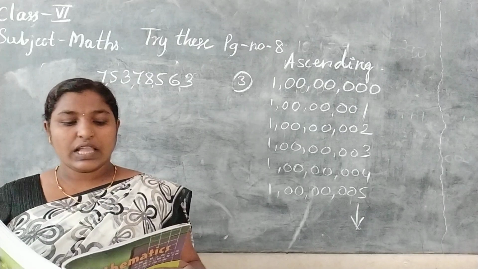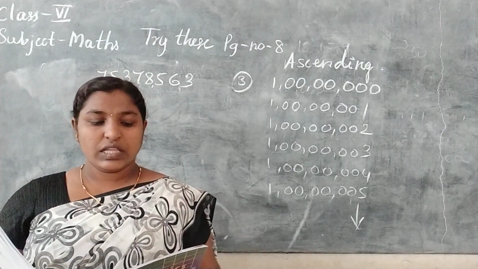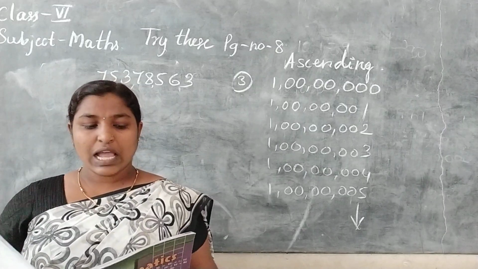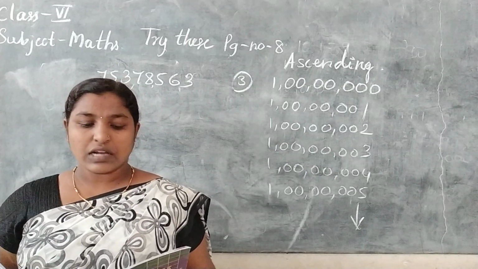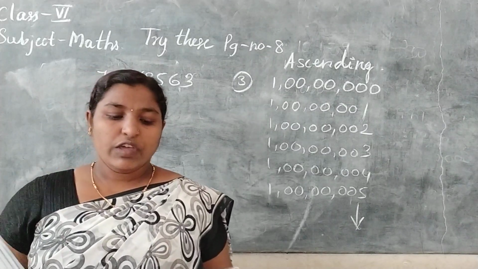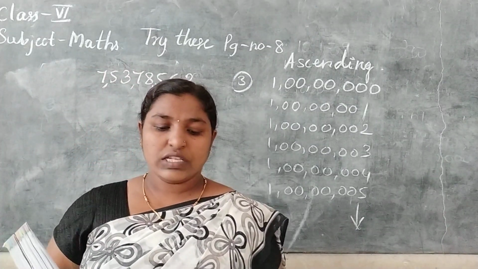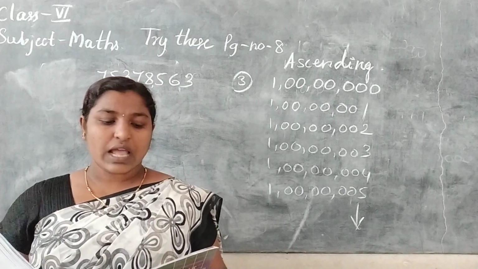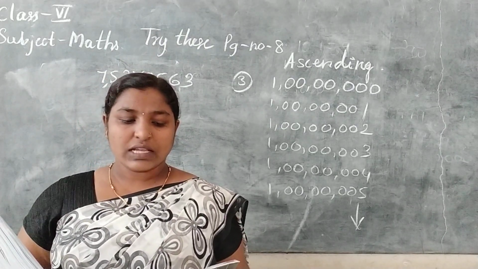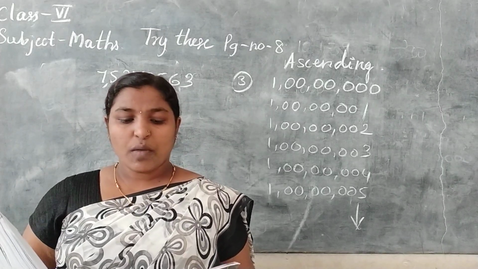Next page. You must have noticed that in writing large numbers in the section above, we have often used commas. Commas help us in reading and writing large numbers. In our Indian system of numeration, we use ones, tens, hundreds, thousands, and then lakhs and crores. Commas are used to mark thousands, lakhs, and crores.